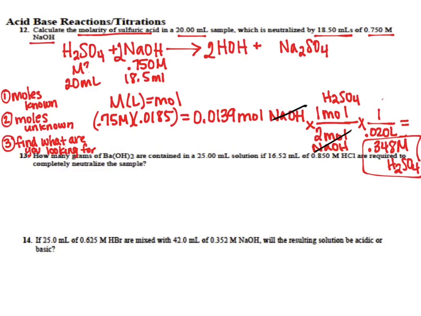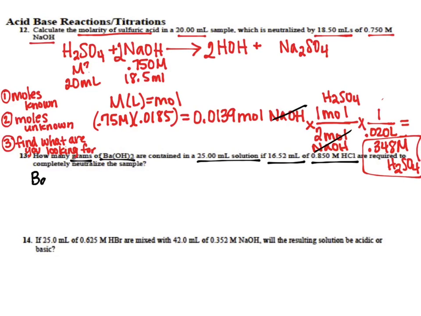All right, let's go to the next one. How many grams of Ba(OH)2 are contained in a 25 mL solution if 16.52 mL of 0.85 molar HCl are required to neutralize it? Whew, that's a lot. So let's start with our equation.